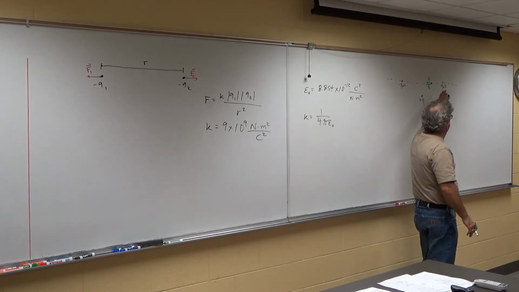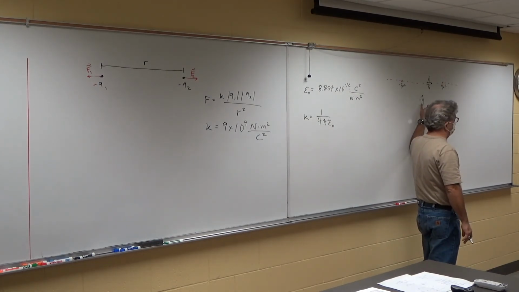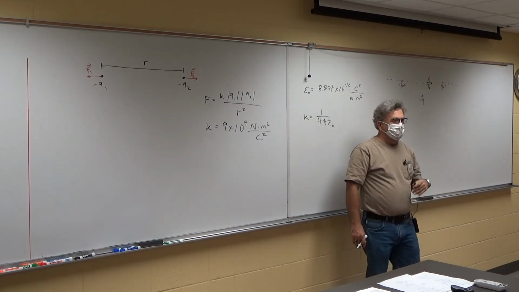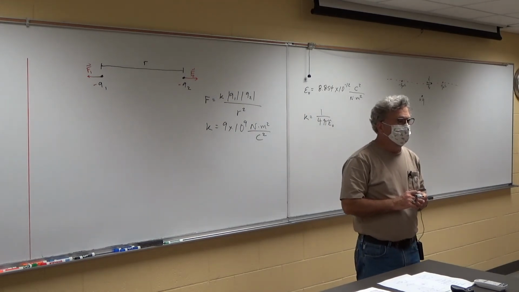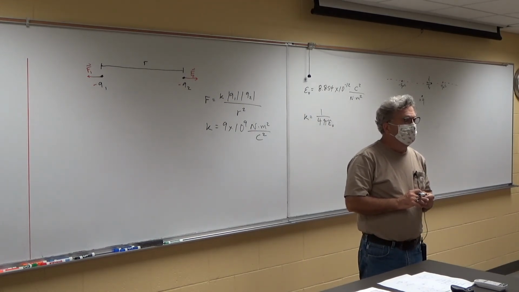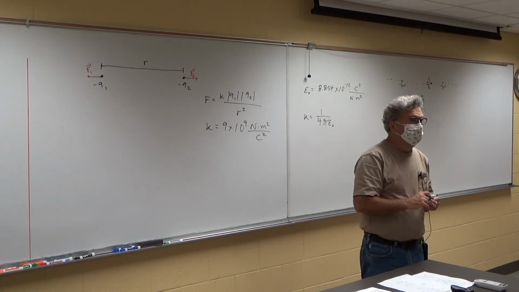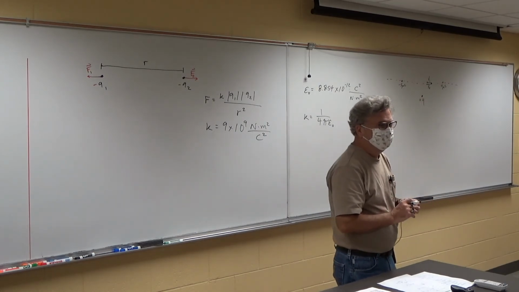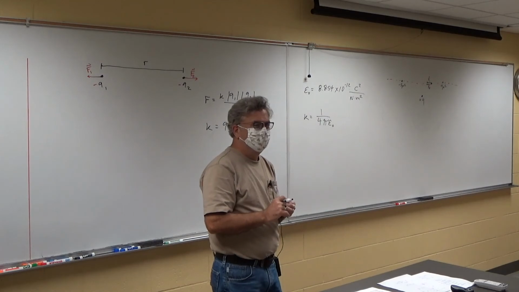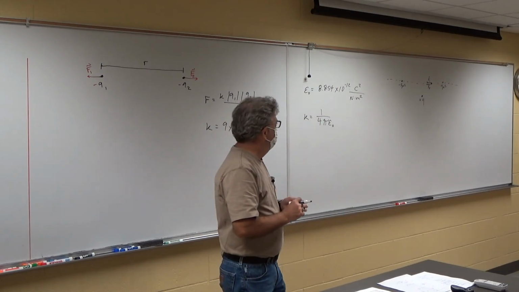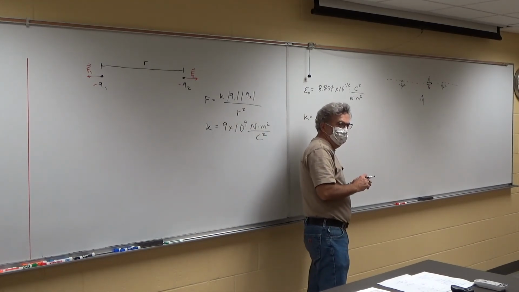There's no place in between that I could put this positive charge and get the forces to cancel. Can you put it on the right? I'm getting there. Yes, the answer is yes. I'll leave that for last.